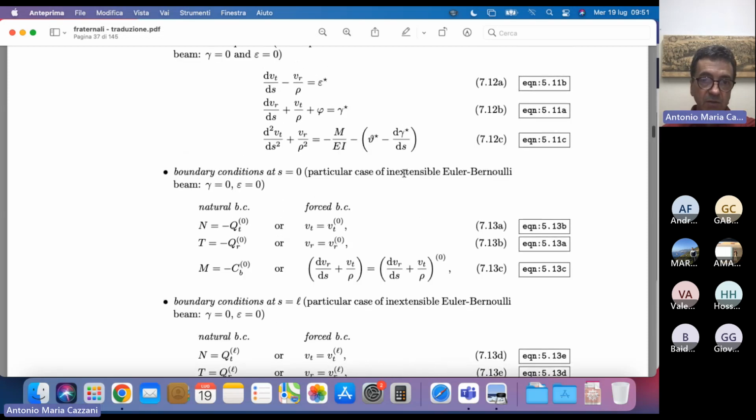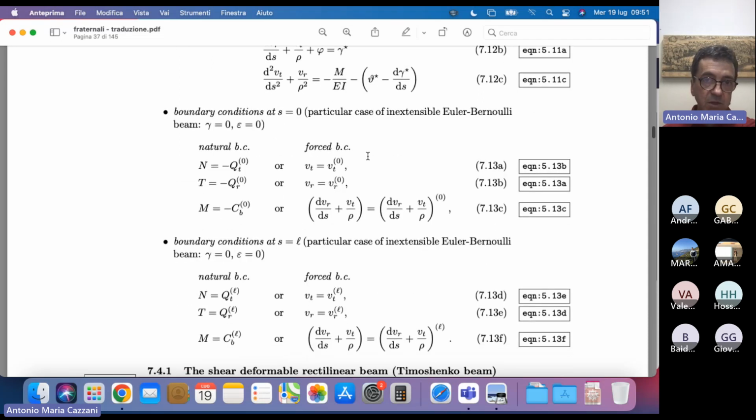In this particular case, since rotation of the cross-section is eliminated, we have to change the boundary conditions in the sense that the first two sets of boundary conditions are the same, those connecting the axial force and the shear force to the external force applied at the end section, or the corresponding forced boundary condition in terms of tangential and radial displacement.